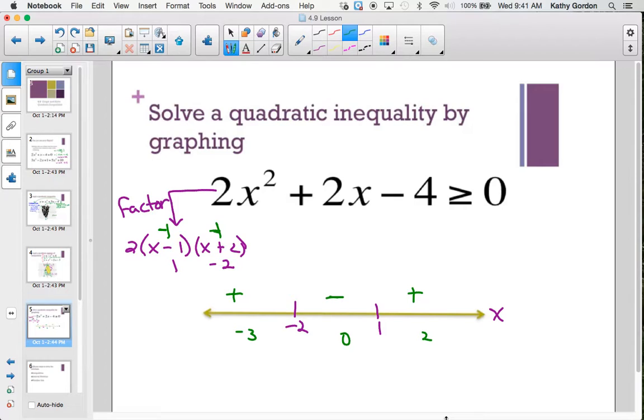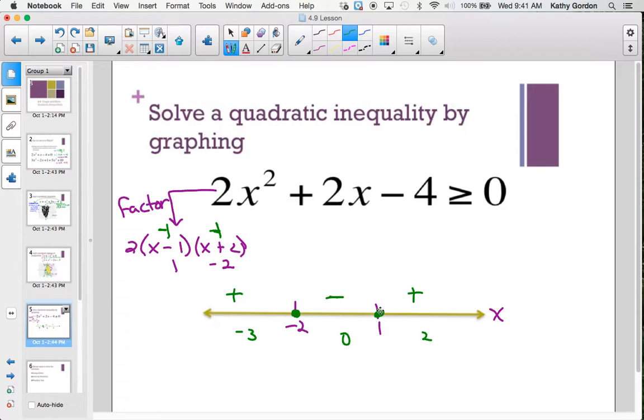Okay? Now, what do we want? So we go back to our original inequality. We want answers that are greater than or equal to 0. So the first thing you ask yourself is, do I include my x-intercepts as part of my solution? Yes, because that was or equal to. So yes.